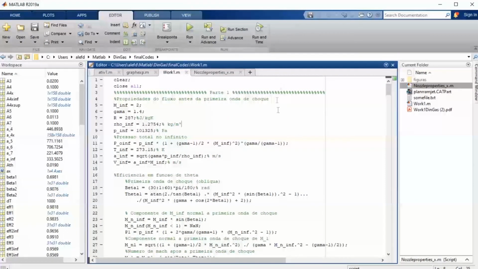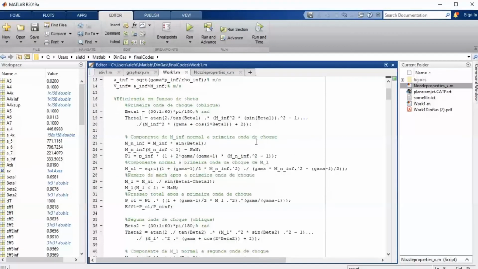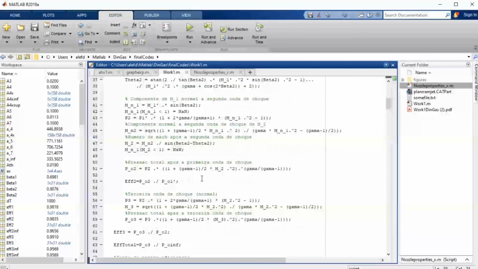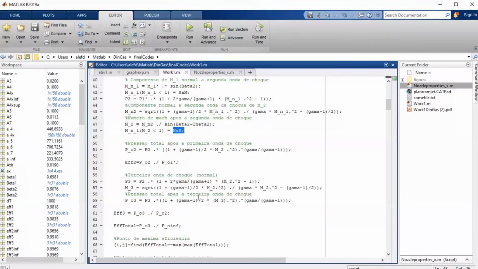But I was having some problems with convergence, and I found that it was because I was using the model wrongly. So if the Mach after the first shock wave is less than 1, there shouldn't be a second shock wave. So I just put that if the Mach is less than 1 after the shock wave, I'm not interested. And the same thing after the second shockwave, because if so, there wouldn't be third shockwaves.